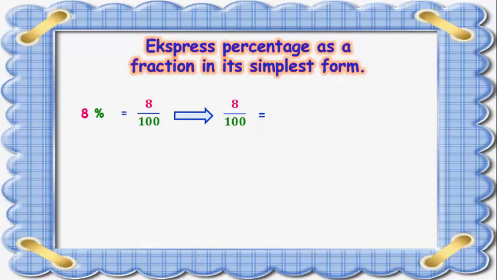Kita dapat membagi penyebut dan pembilangnya dengan angka yang sama. If the numerator is divided by 4, then the denominator must be divided by 4. 8 divided by 4 is 2, and 100 divided by 4 is 25. So the simplest form of 8% is 2/25.